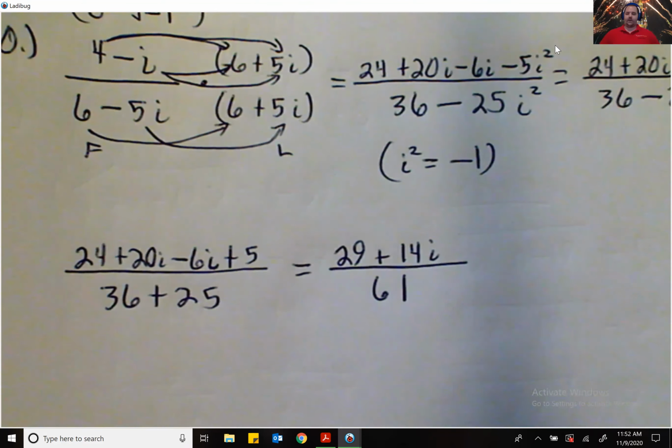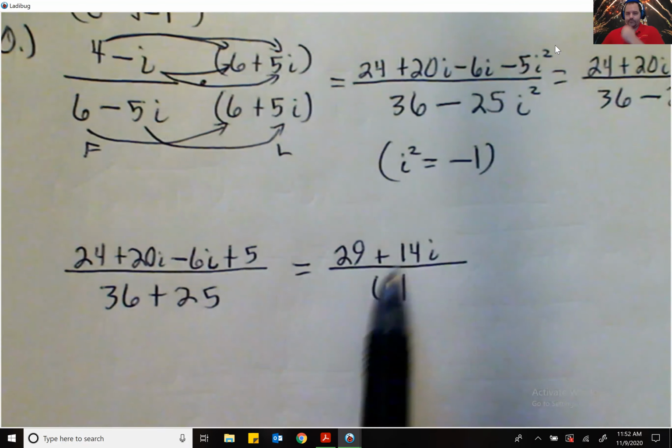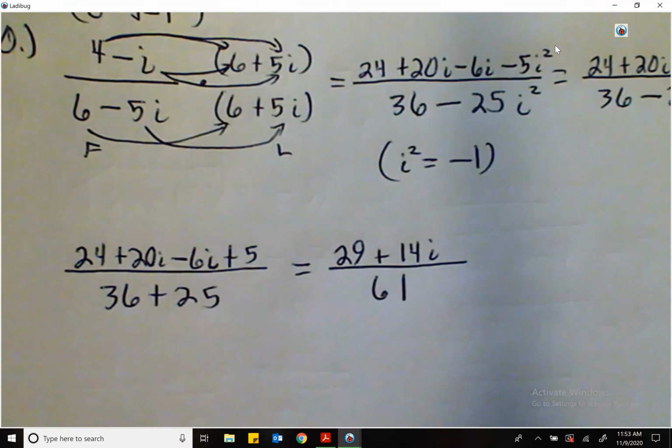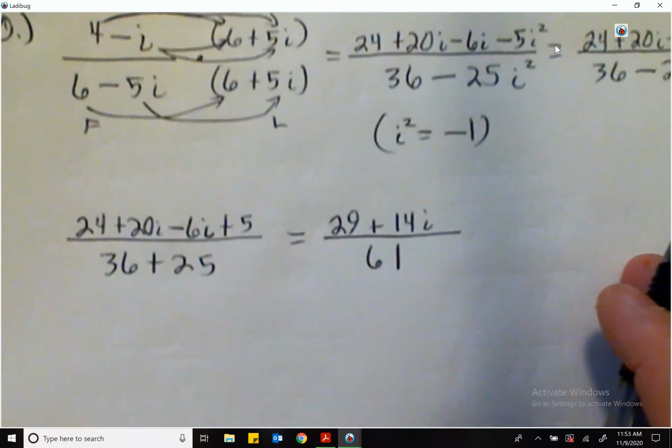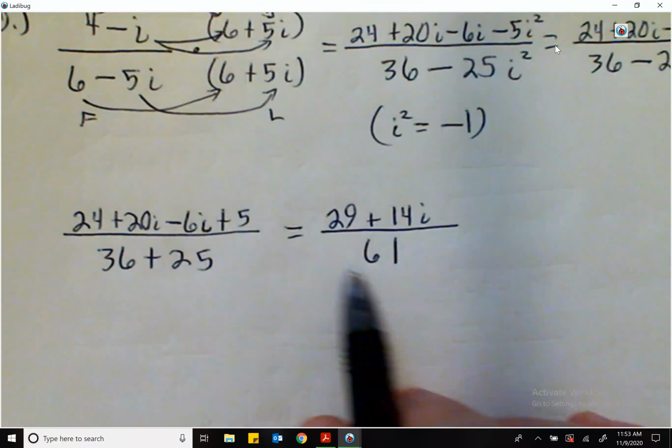Is there a number that can help me reduce these? No. So since there's nothing that can reduce these, we're almost there.